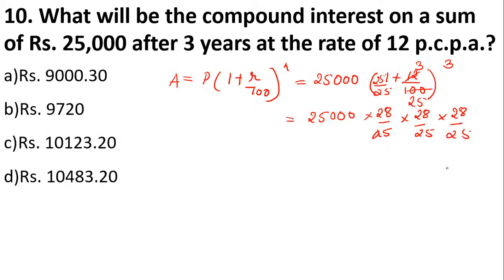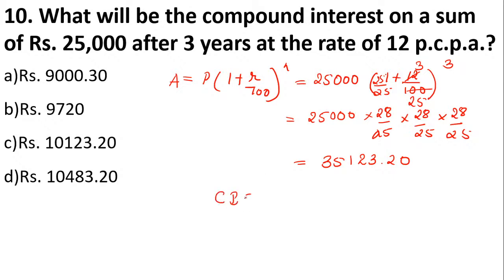So after you calculate all these things, your amount will be 35123.20. When you get the amount, you know how to calculate the compound interest.